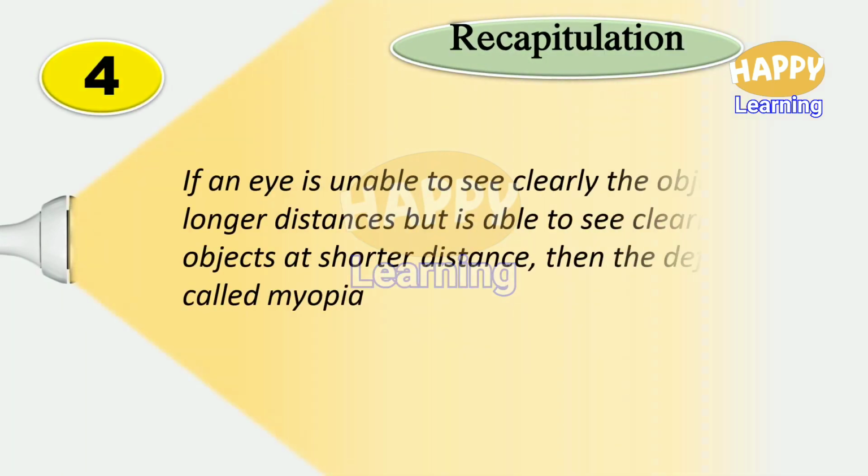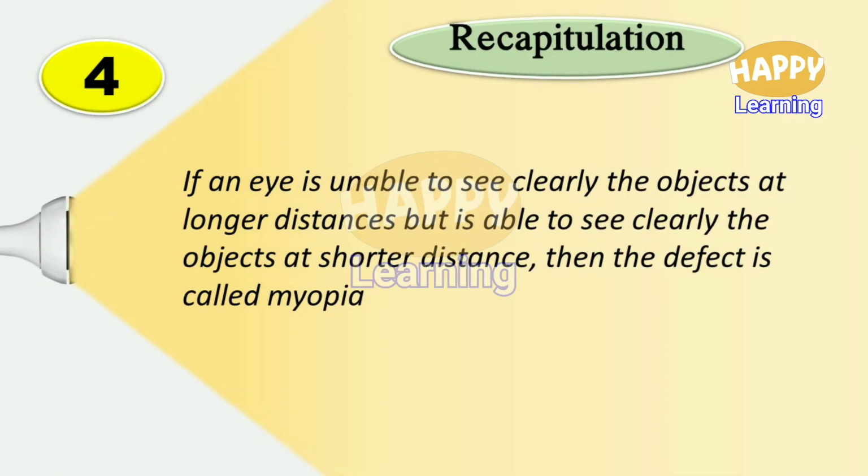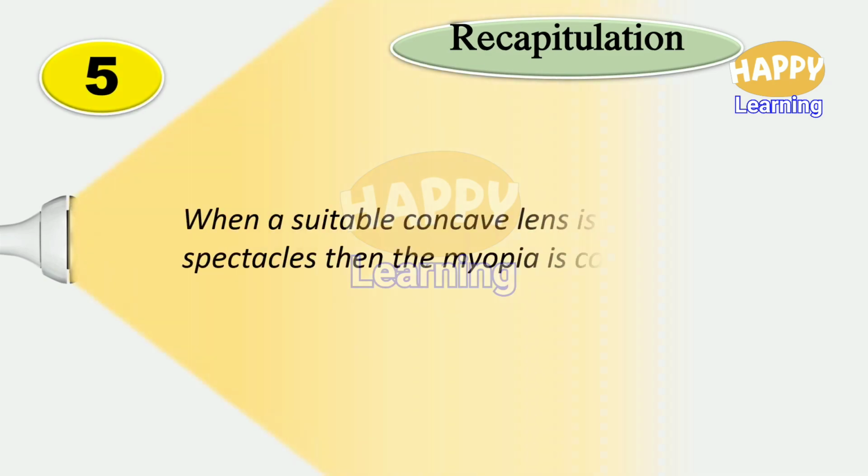Point 4. If an eye is unable to see clearly the objects at longer distances, but is able to see clearly the objects at shorter distances, then the defect is called myopia. Point 5. When a suitable concave lens is used as spectacles, then the myopia is corrected.